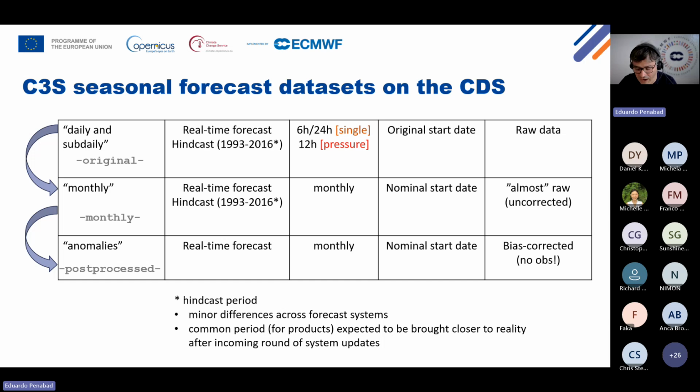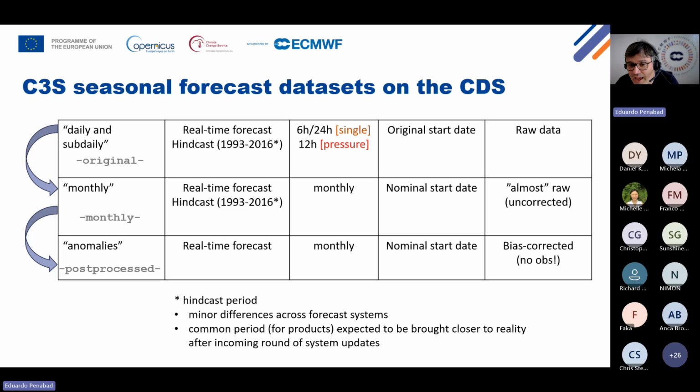We don't have yet a clear timeline for that, but it will happen in the next couple of years. As you can imagine, in the context of climate change trends, having a period closer to reality makes things much more relevant.